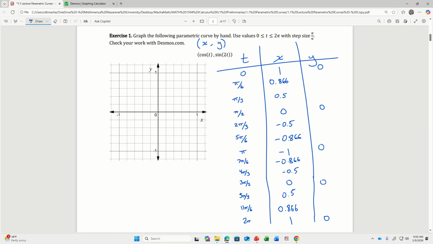Then I need to put in my calculator sine of pi over 3, right? Because it's pi over 6 times 2. And get 0.866. And then sine of 2 pi over 3, I think, is also 0.866.